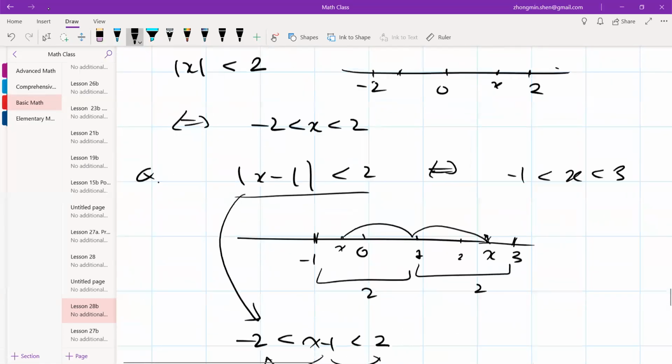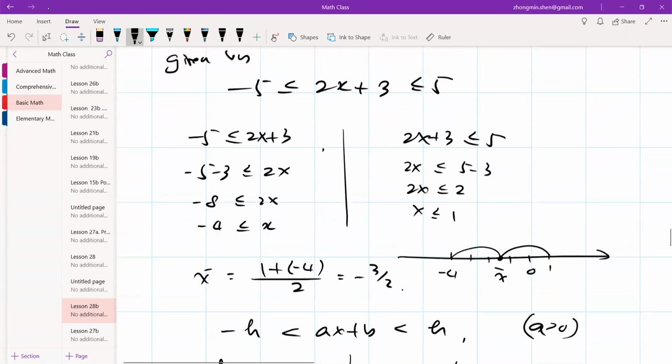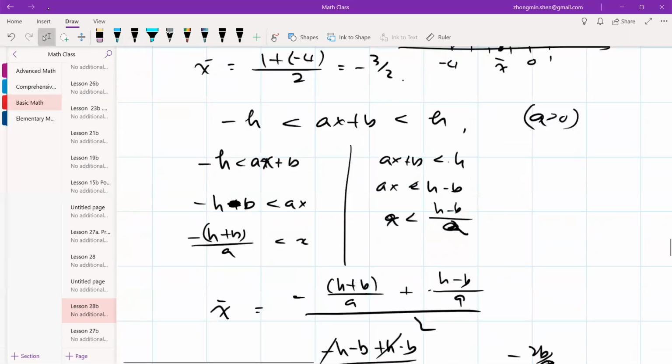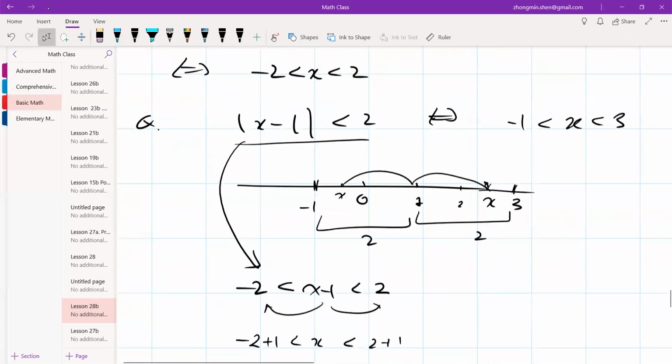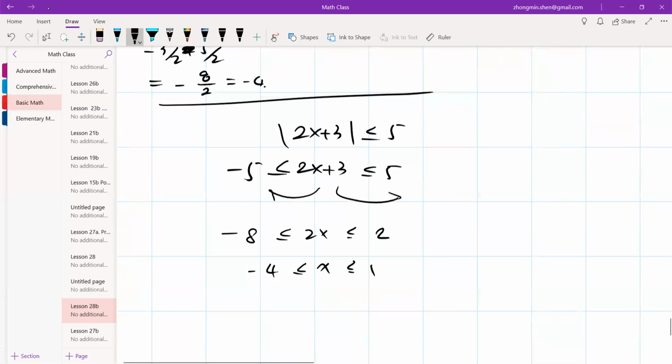We did this before at the very beginning. Yeah, this is the solution, right? You can simultaneously move 3 to both sides, so you get negative 8 less than or equal to 2x, and that less than or equal to 2. So you divide both sides by 2, and you will get this inequality.